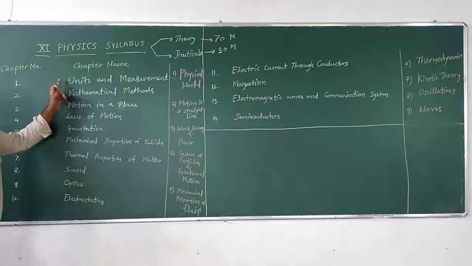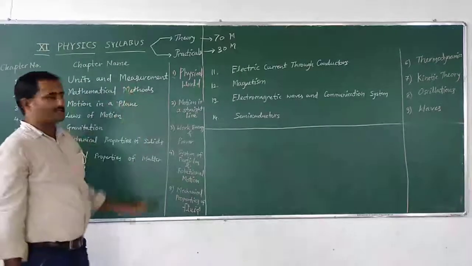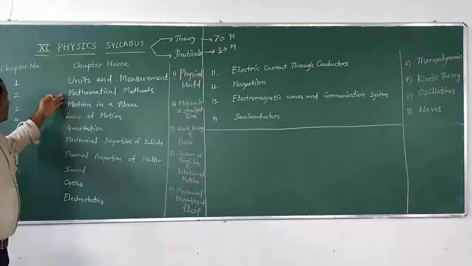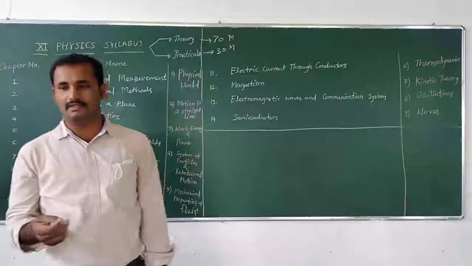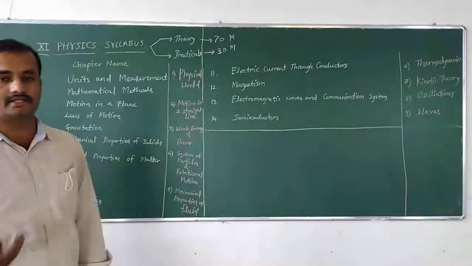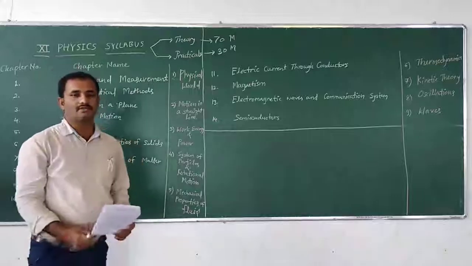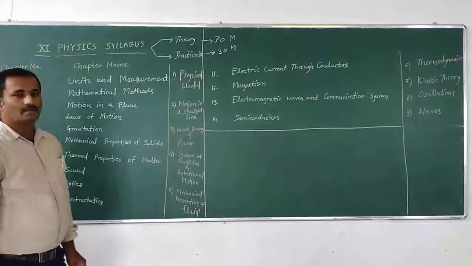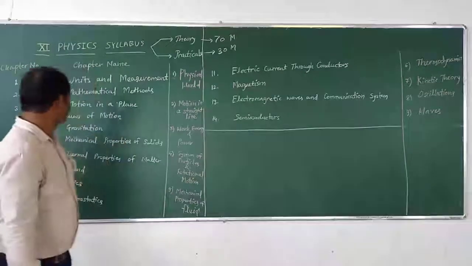That we will see in the units and measurement chapter. After that, mathematical methods. There are different methods like integration and differentiation, and in this chapter we will also see what vectors are and their operations.